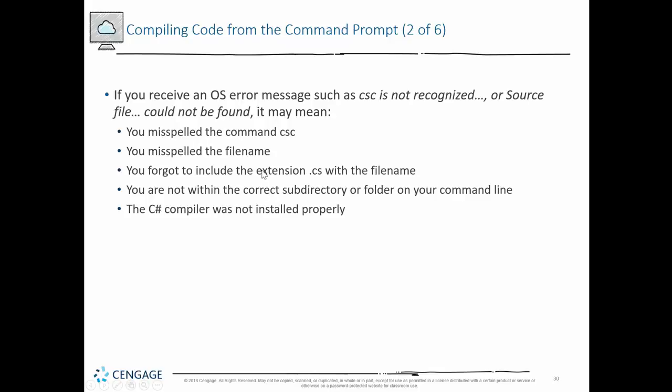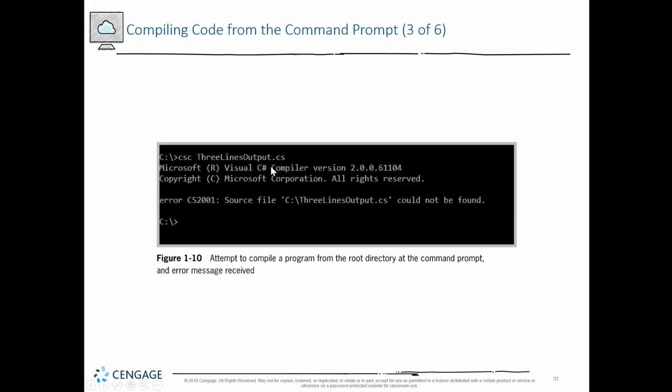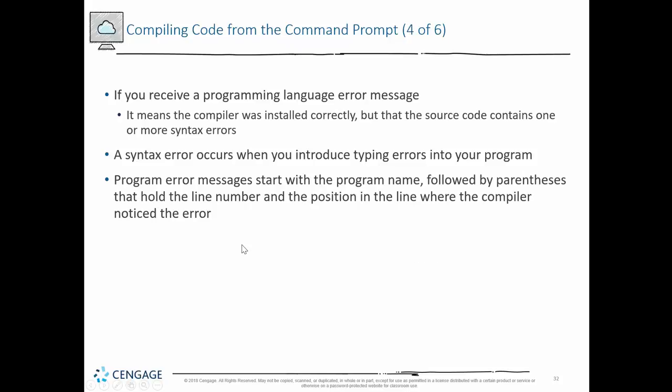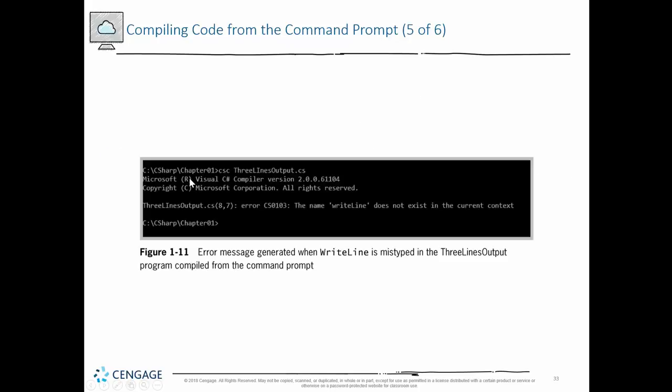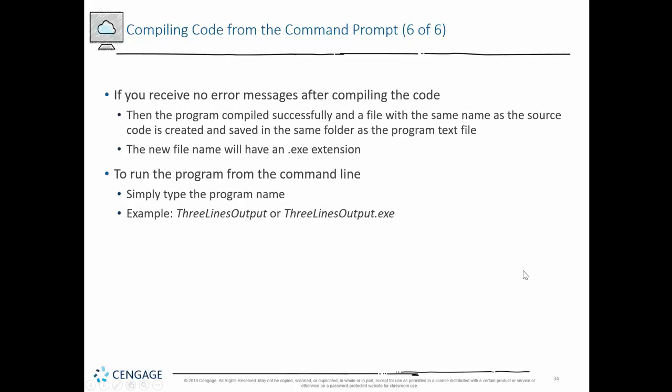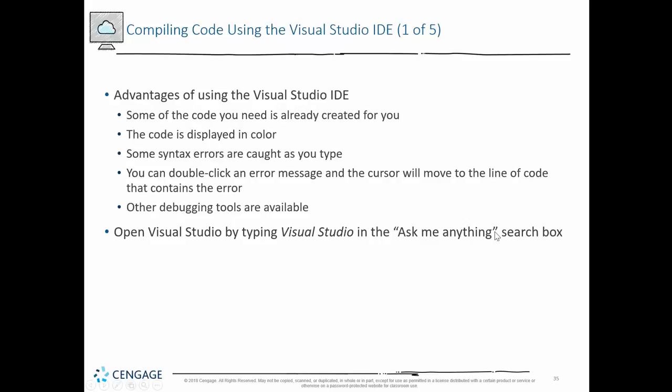Did you forget a semicolon, etc.? Did you make what's called a syntax error? Syntax errors, as we mentioned, are errors in the rules of the language. Here we used right line, but that should be a capital W. That's a syntax error. If you receive no errors, then the program should run.